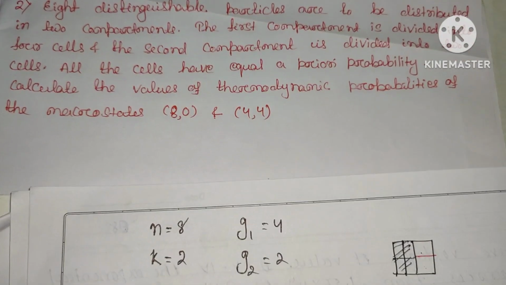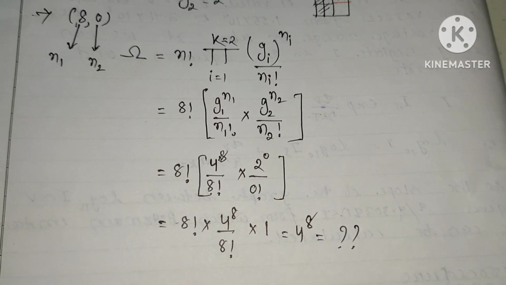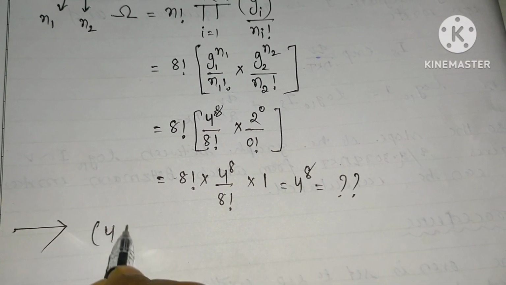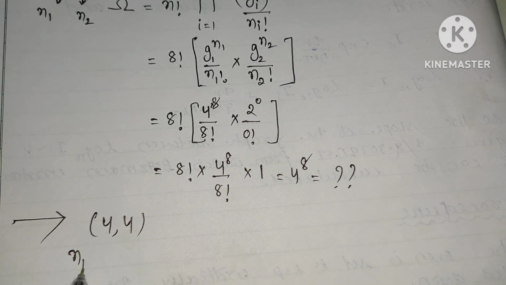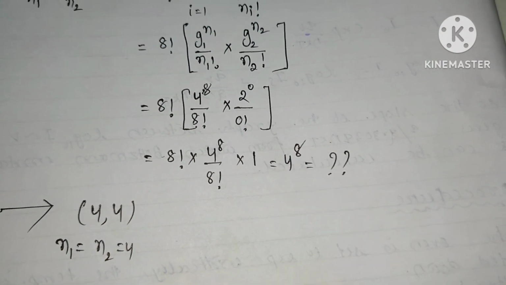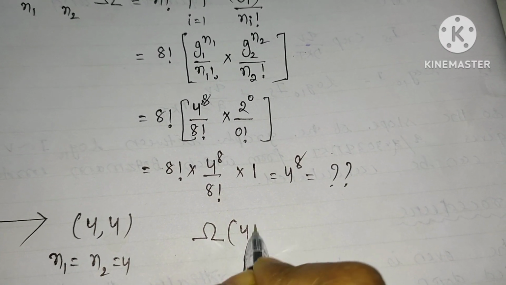The second is you have to calculate the thermodynamic probability for 4, 4. So here n1 is 4 and n2 is also 4. Similarly, you write the thermodynamic probability omega for 4, 4.